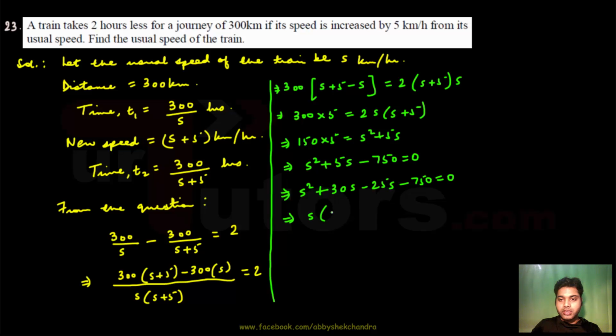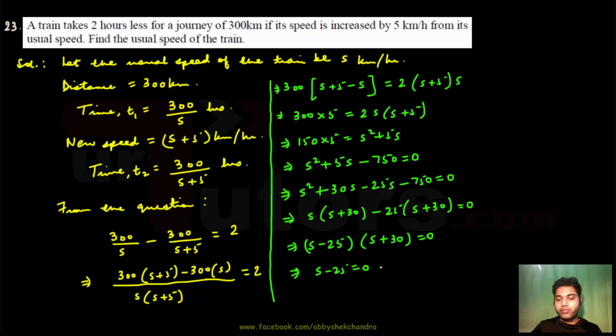Or take s common, s plus 30, take minus 25 common, again you get s plus 30 equal to 0. Or s minus 25 into s plus 30 equal to 0. This means s minus 25 equal to 0, or s plus 30 equal to 0.